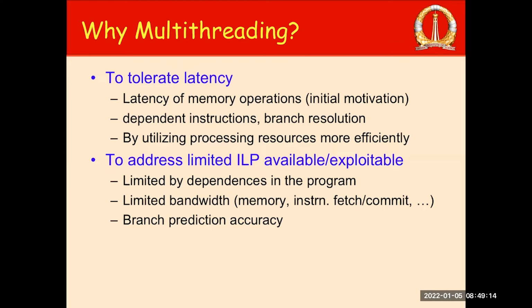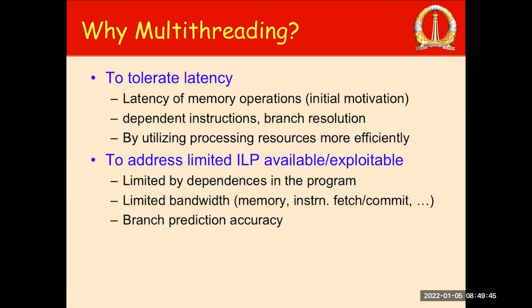For example, the dependencies in the program, or hardware resources like instruction fetch bandwidth or memory fetch bandwidth, are limited. And also we have constraints with regard to branch prediction. Even though you can have complex branch predictors, you can't predict everything 100% accurately. And in deeper pipelines, even if you predict, there are certain other stall cycles involved.